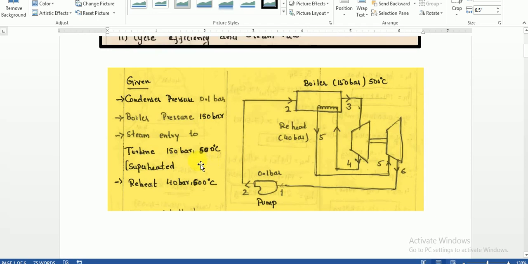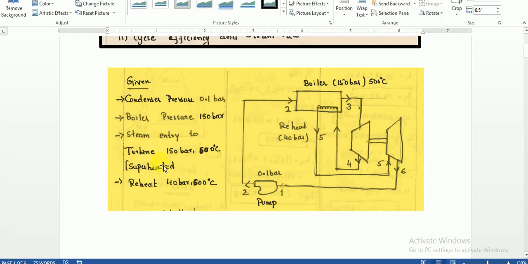How do you come to know about it? By going to the steam table. We look at the steam table and note down the value of the saturation temperature at 150 bar. If you look at the steam table at 150 bar, the saturation temperature is less than the given value. Here the given value is 600 degrees Celsius, so it is superheated, obviously.